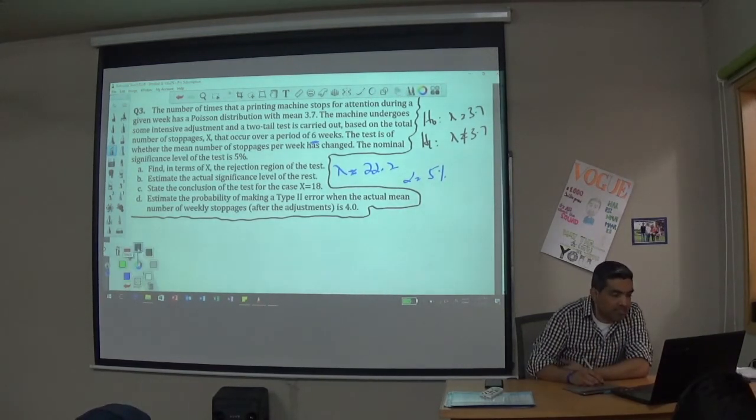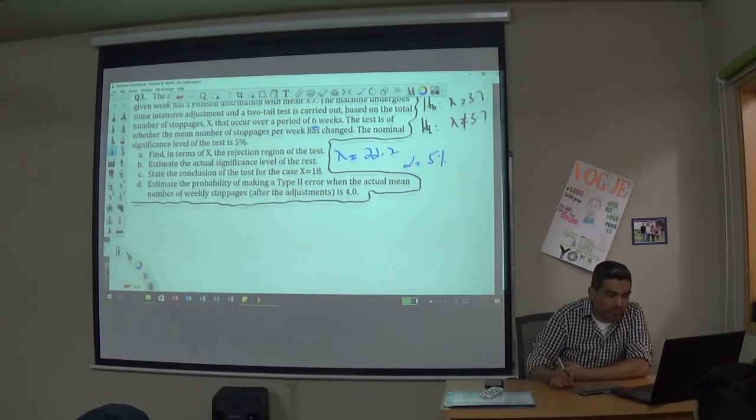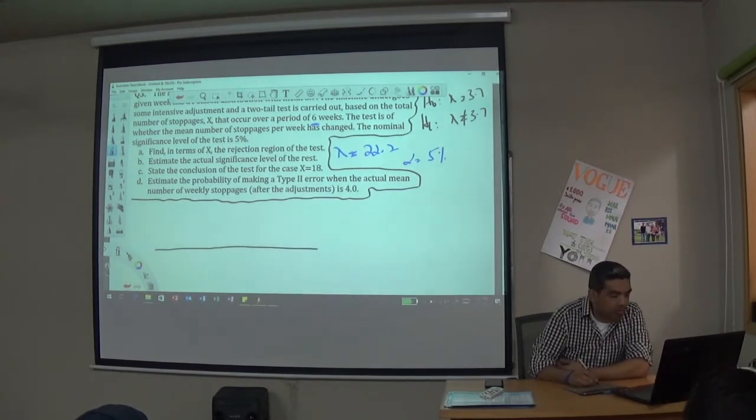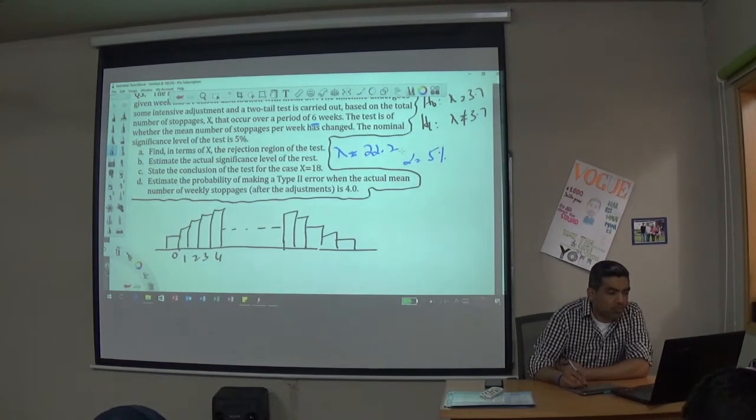So, how do we find the rejection region? The rejection region is on either side. So it means clearly that 2.5% is divided on both sides. What's the total number of trials? Oh, there are no total number of trials. Sorry.